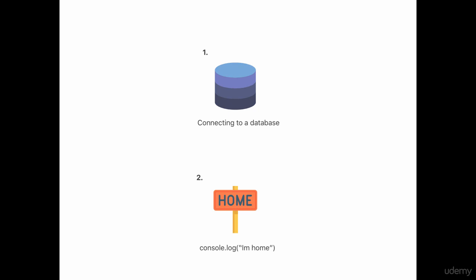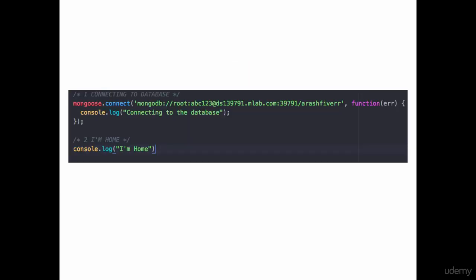Okay, let's see another example. Imagine we have two separate database operations, and we have another operation which will only console log I am home. So, if you run this code in sequence, usually you have to wait for the database operation to be completed, then only the console log will run. But with Node.js, which one do you think will run first?